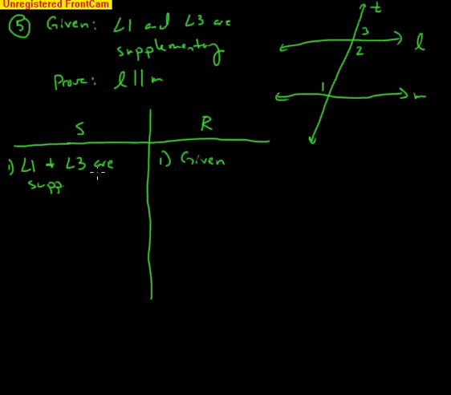All right. Now there's no real way to mark that on a picture, okay? But it's fine. So what can we say from this? Well, if they're supplementary, by definition, the measure of angle 1 plus the measure of angle 3 equals 180 degrees. Okay? That is the definition of supplementary angles.